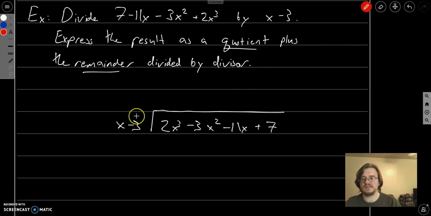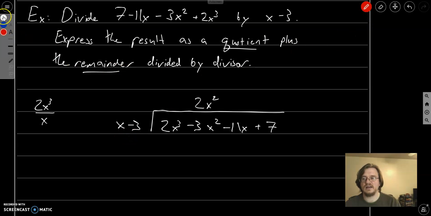So the first thing, we look at the first term here and the first term here, and we go, what is 2x cubed divided by x? Well, 1 power of x cancels, so what I'll be left with is 2x squared. Note, I'm writing it here because this has 2 terms, so I'm looking at the first 2 terms here, and this is where this will go.